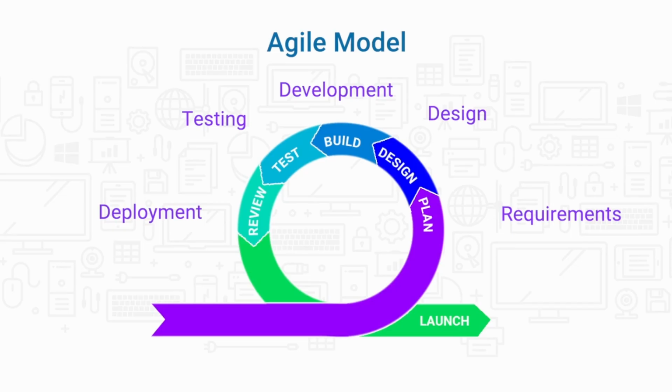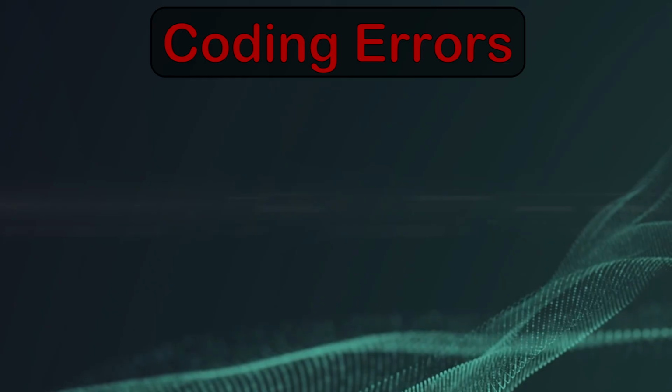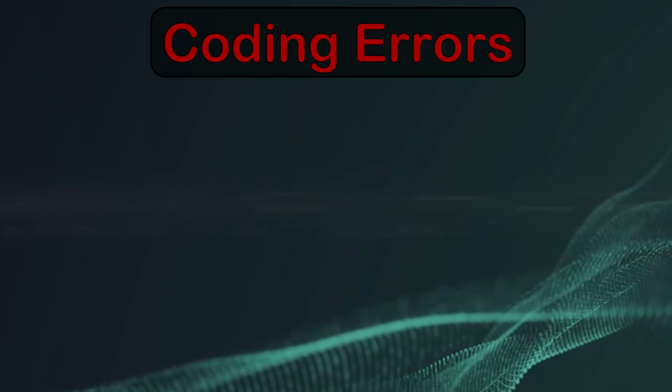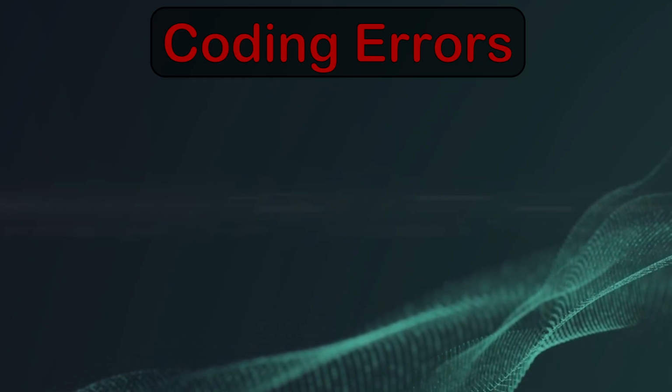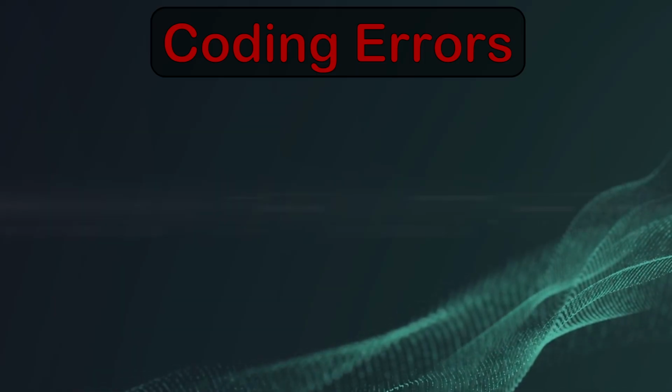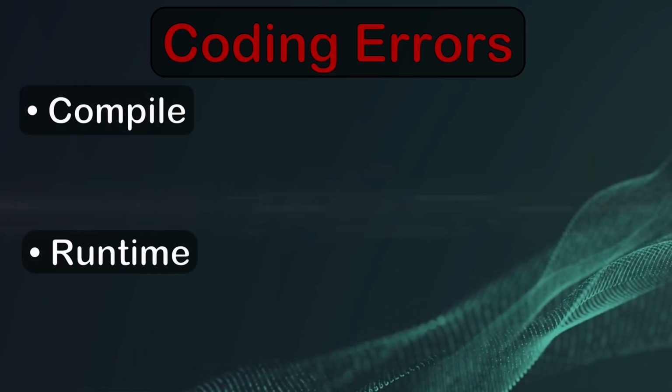With Agile, you perform testing throughout the development cycle to help catch security vulnerabilities early. Waterfall, on the other hand, leaves testing until the end of the cycle. This can cause testing time to be cut short to meet deadlines. Coding errors and design flaws are the main causes of software vulnerabilities. We can categorize these errors into 2 types: compile errors and runtime errors.